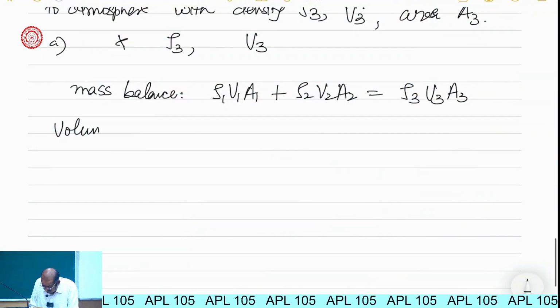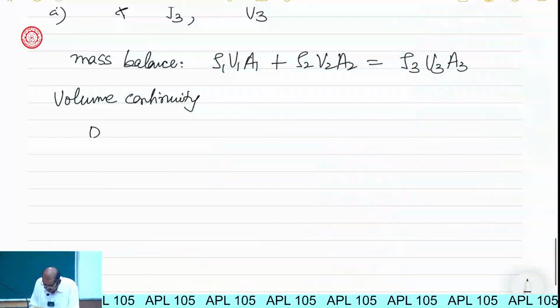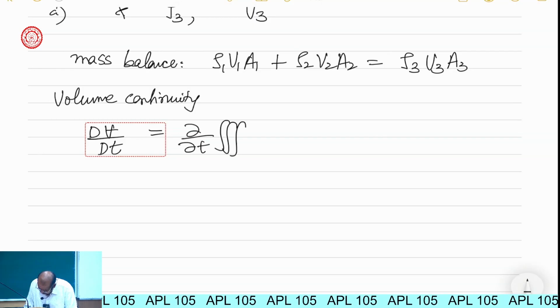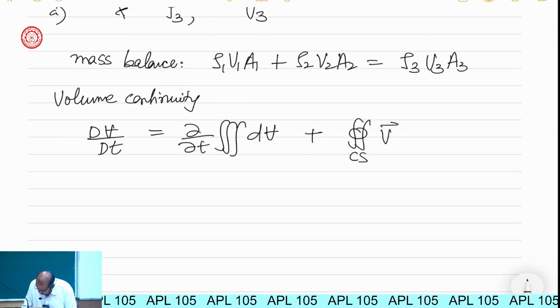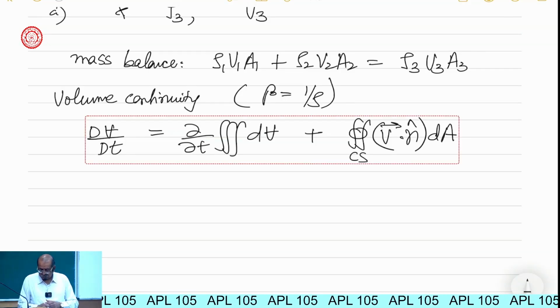So the second equation which had to be used here was volume continuity. And volume continuity gives us dV by dt is equal to the net volume flow rate.